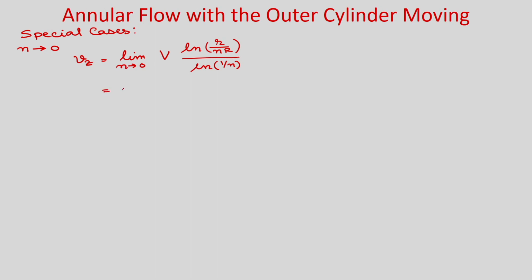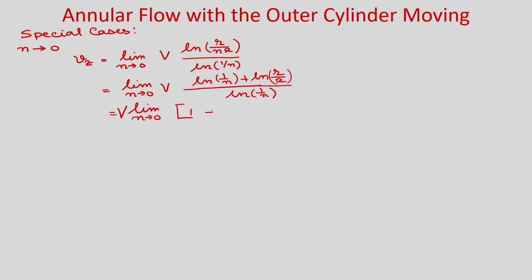So, this you can write as limit n tends to 0 V, and this term you can write as ln 1 by n plus ln r by r, okay, divided by ln 1 by n. So, you can write limit n tends to 0, V you can take outside because it is constant. So, it will be 1 plus ln r by r ln 1 by n.